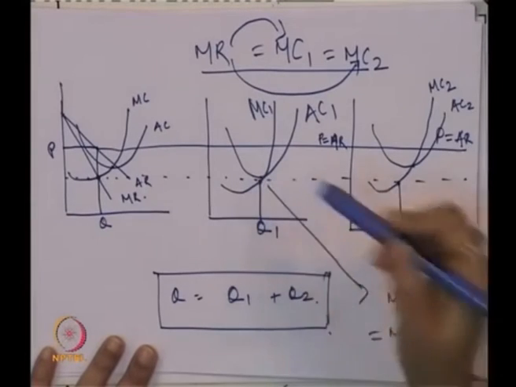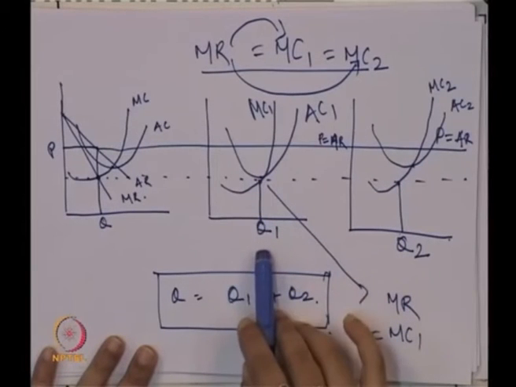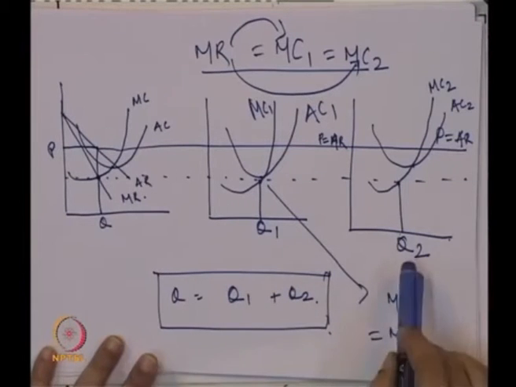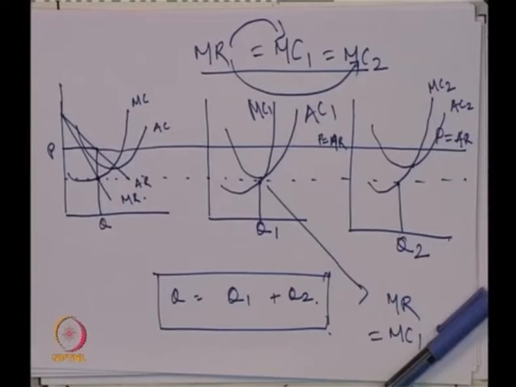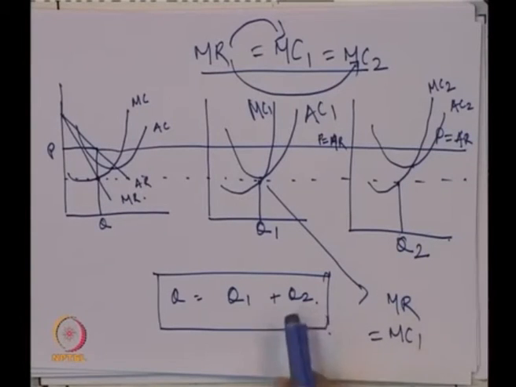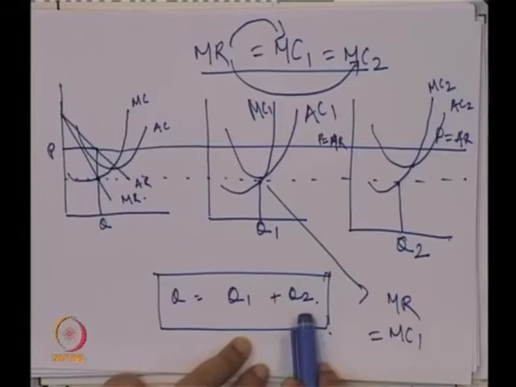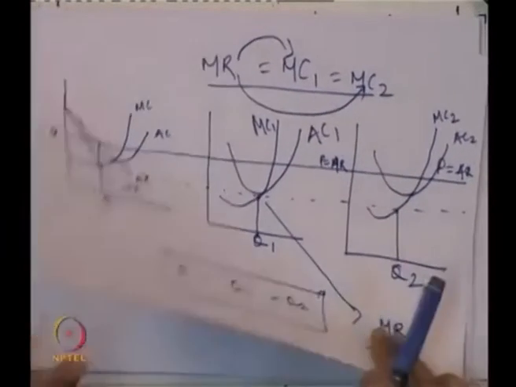When you equalize MC1 with MR we get the level of output that is going to be produced by plant 1. Corresponding to MC2, when you equalize MC2 with MR we get Q2, the level of output that is going to be produced by plant 2.